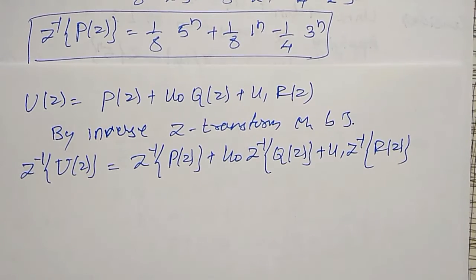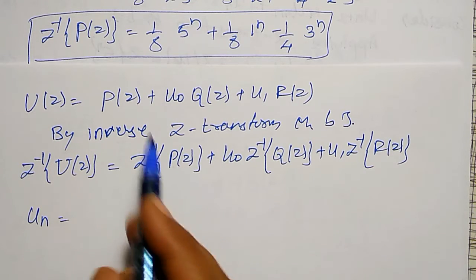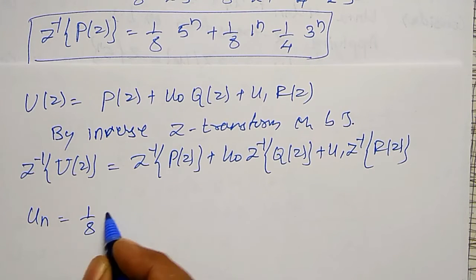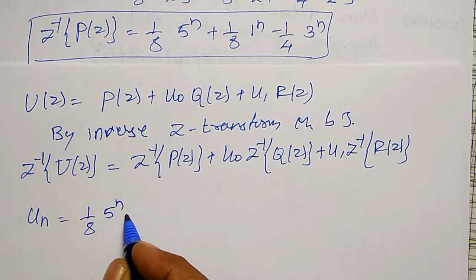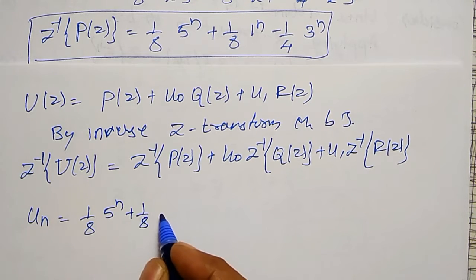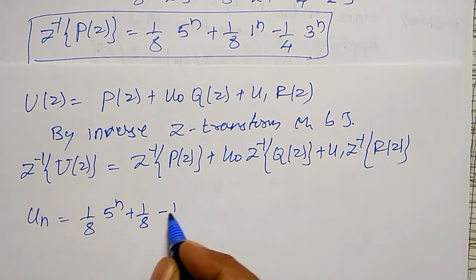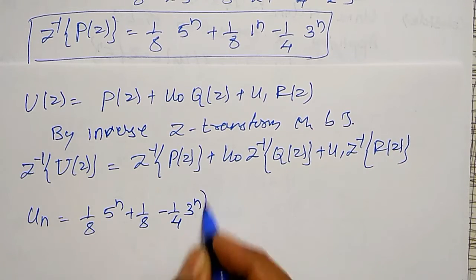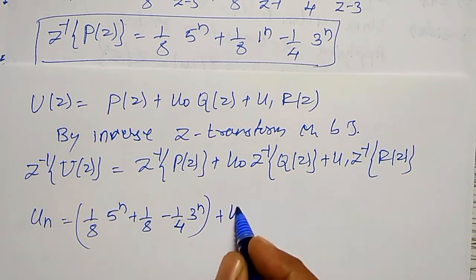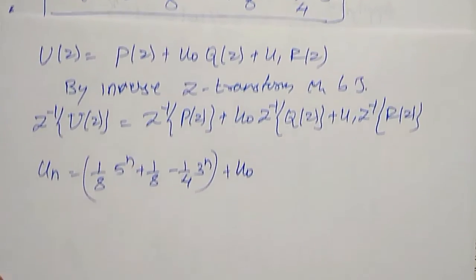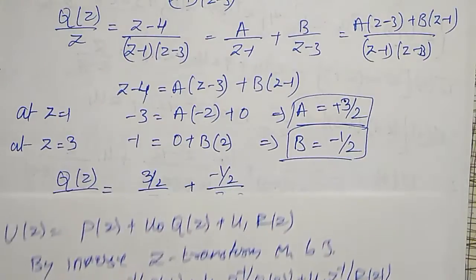Therefore un is equal to the inverse z transform of p of z, which is 1 by 8 times 5 raised to n plus 1 by 8 minus 1 by 4 times 3 raised to n, first term, plus u naught into the inverse z transform of q of z.